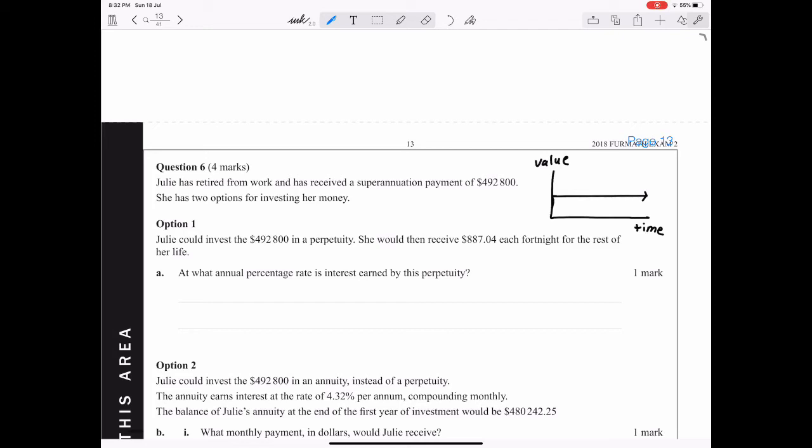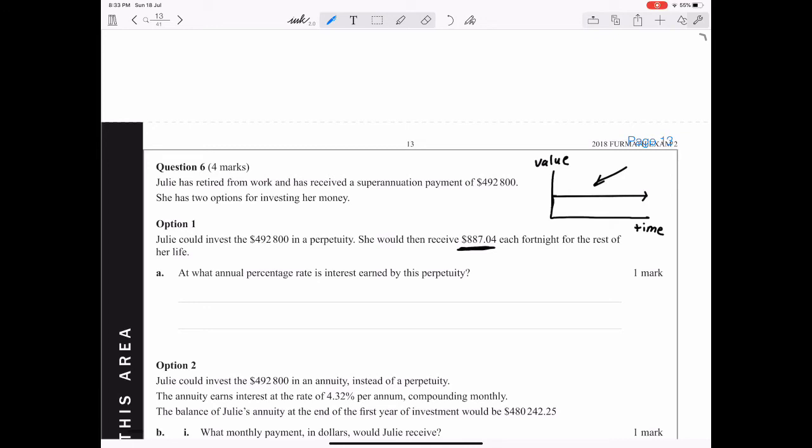So you should know that the value of a perpetuity always stays the same, as shown by the graph over here. It always stays the same because you only take the interest from the investment. So this money over here is the interest from the investment that she receives from the perpetuity.